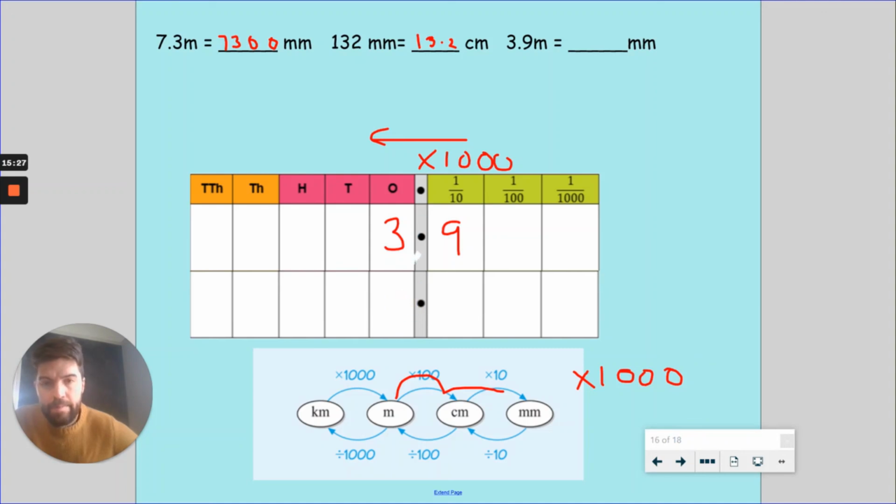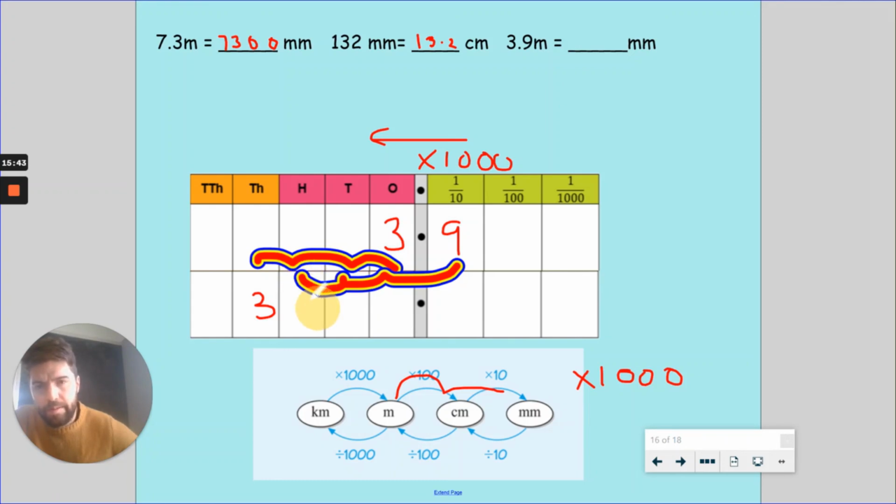Here we go then. Let's move that 3, 1, 2, 3 columns over, and put the 3 in there. Let's move the 9, 1, 2, 3 columns over, and put the 9 in that column there. Nothing else to move, so just zeros to go in where necessary. That tells me that 3.9 metres is 3,900 millimetres. There we go, folks.